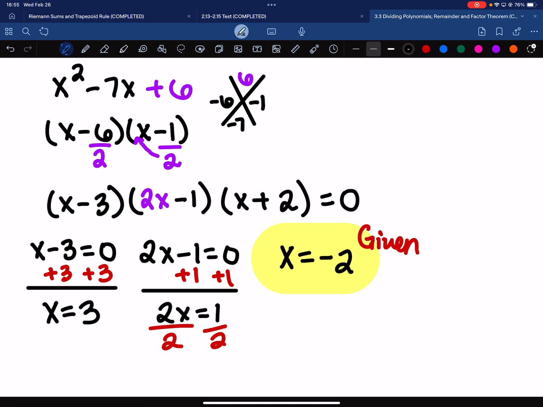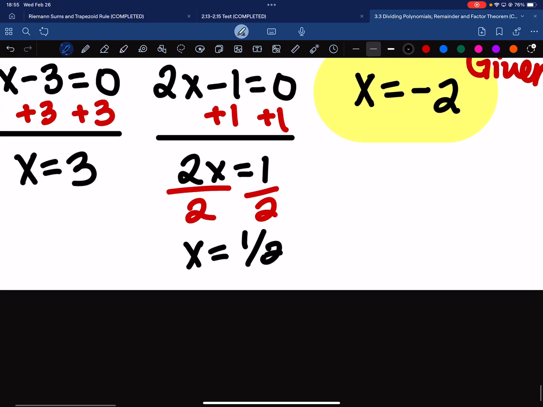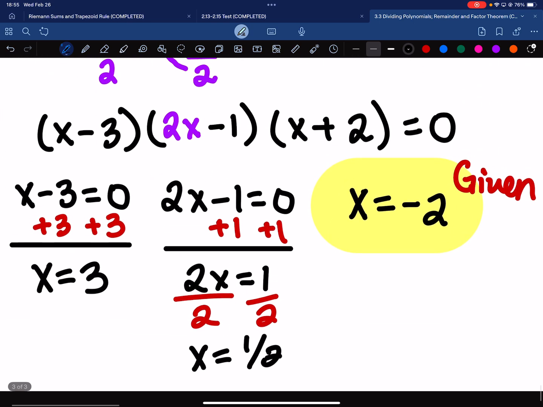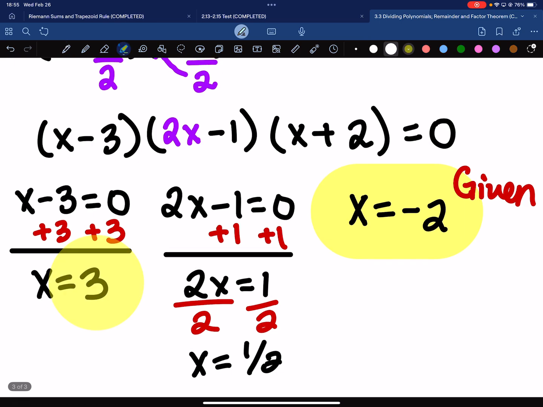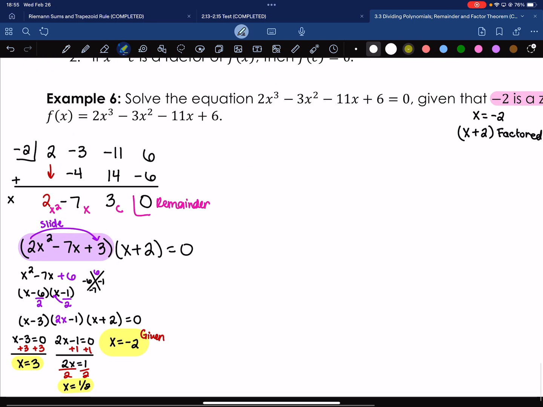And we get x equals 1/2. Sorry, I know that's at the bottom. So we have our 3 solutions.